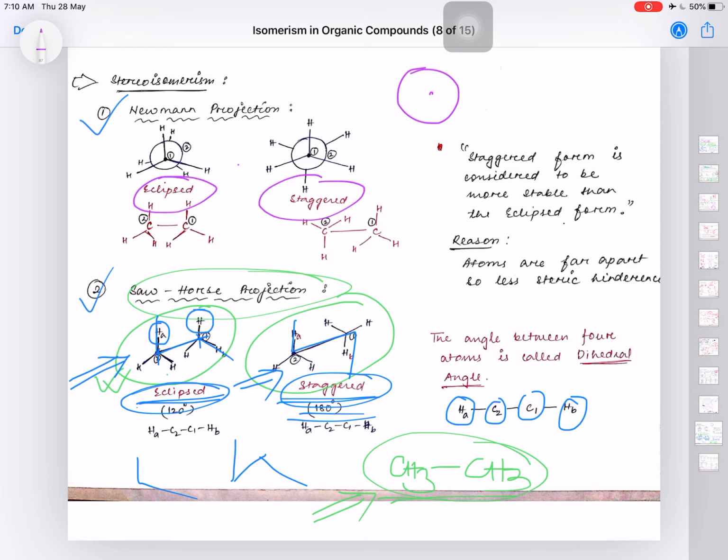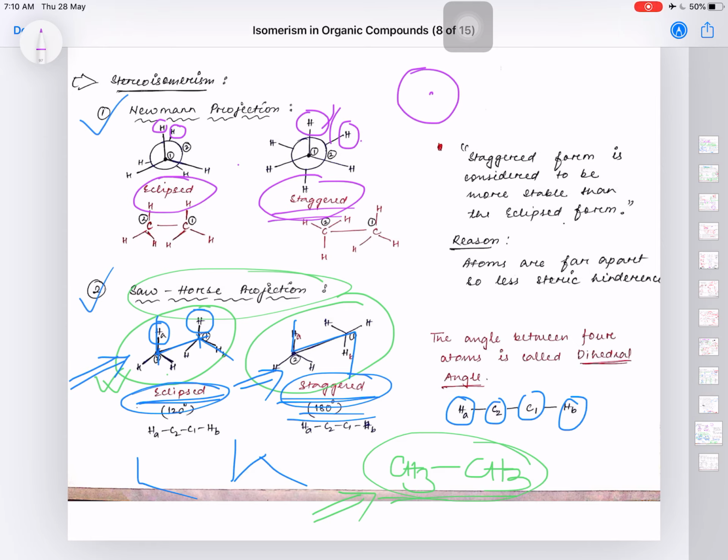Eclipsed means if the front carbon has three hydrogens and they overlap with the back carbon's, then it is eclipsed, and if they do not overlap, then it is called staggered. Always remember that the staggered form is more stable compared to the eclipsed form. Why is it more stable? Because these hydrogens are far apart, so steric repulsion is very low.